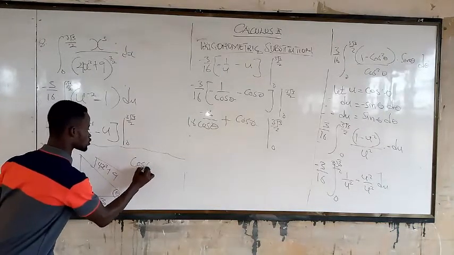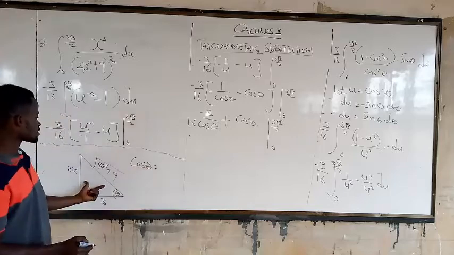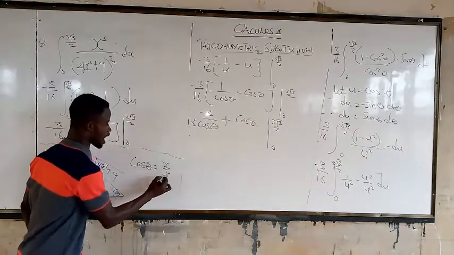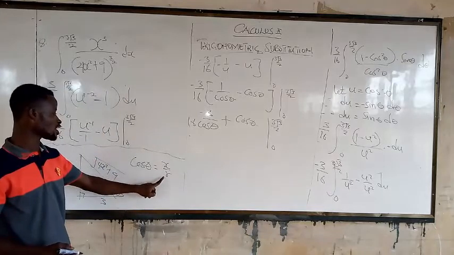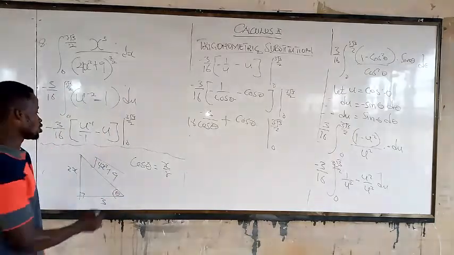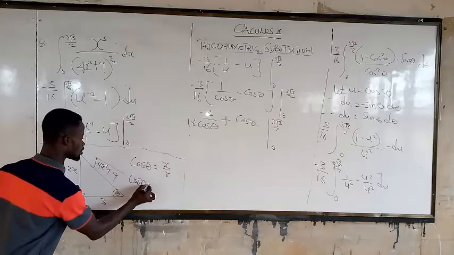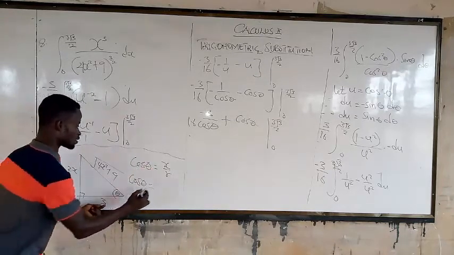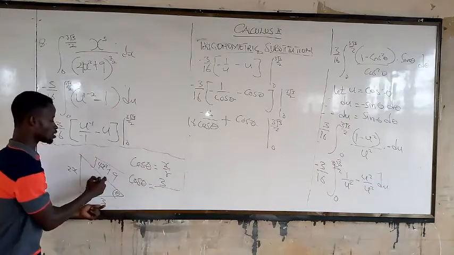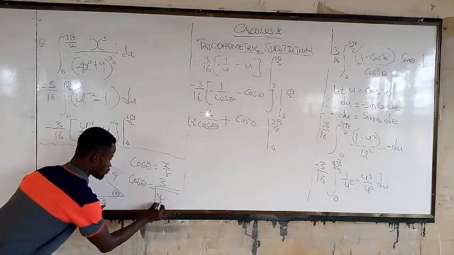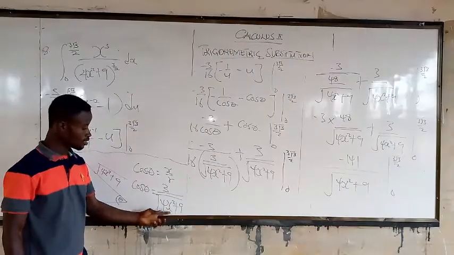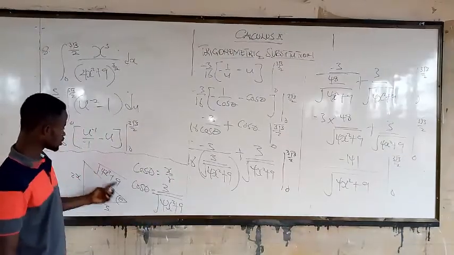So from here, what is cos theta? Cos theta is the adjacent over the hypotenuse. So cos theta is going to be the adjacent, which is 3, over the hypotenuse, which is square root of 4s squared plus 9. Alright, so here you get that, and that is what is here.